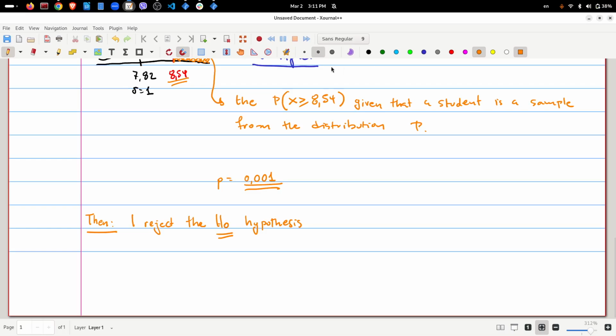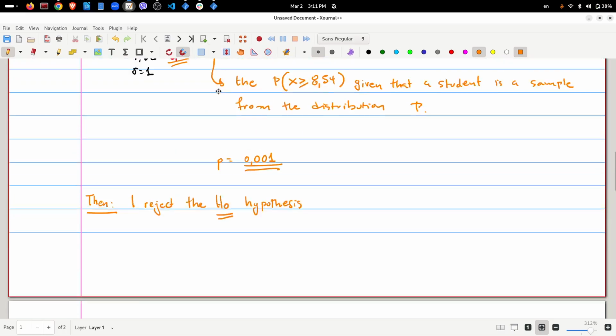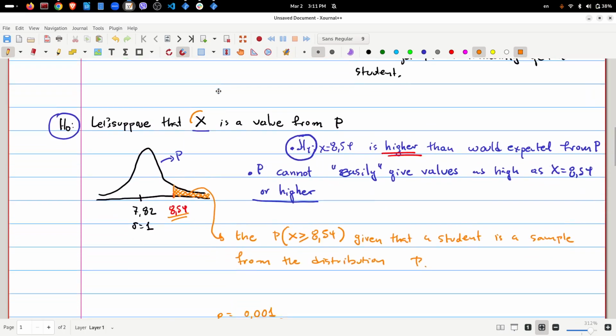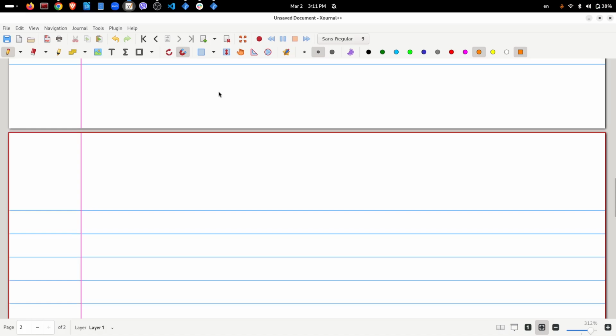Let's see two other examples. Again, let's say that we have this distribution here. So this is 7.82. Now I have a mark of 6 somewhere here.